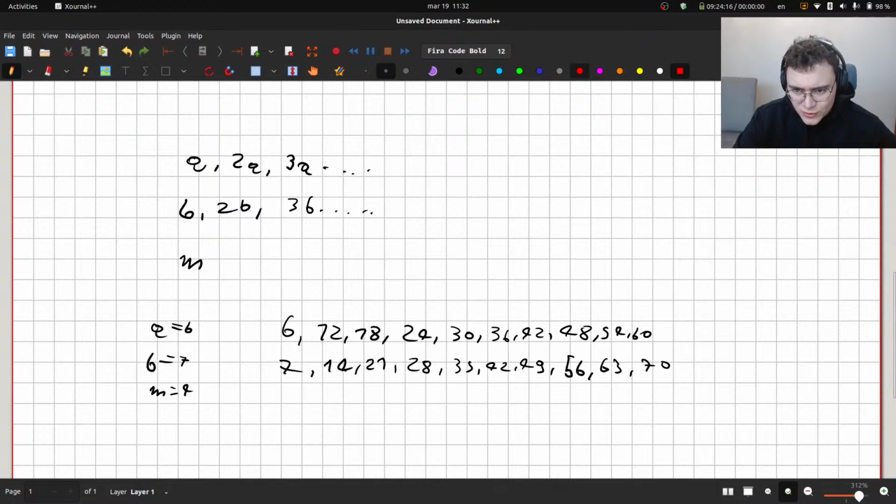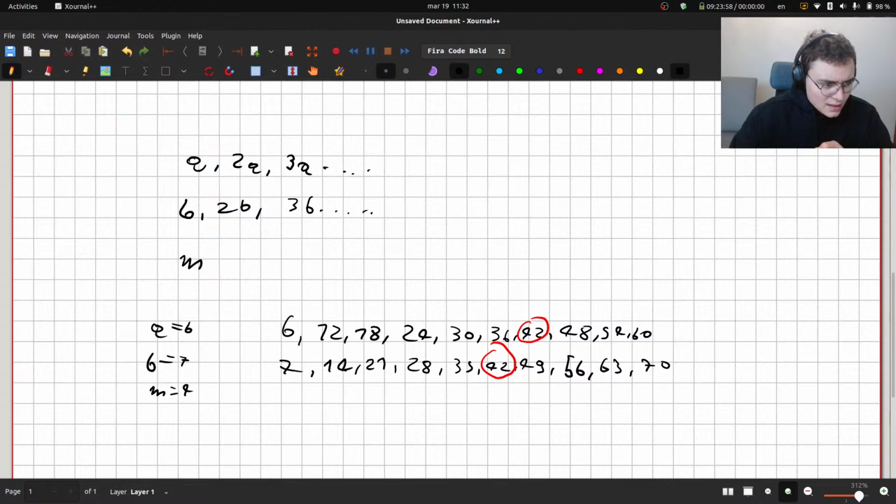Okay, so now let's look at this number 42. We know that it's the least common multiple of both, right? So I can prove that the moment of time such that the most fireworks will be visible is somewhere around here, somewhere around the LCM, right?